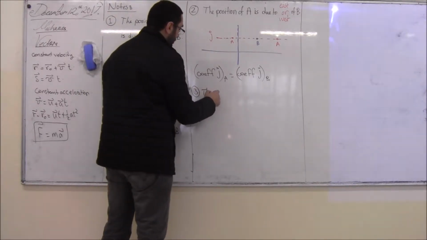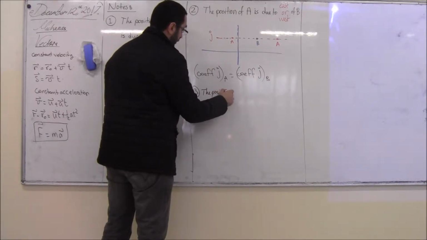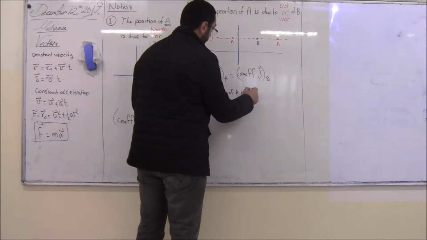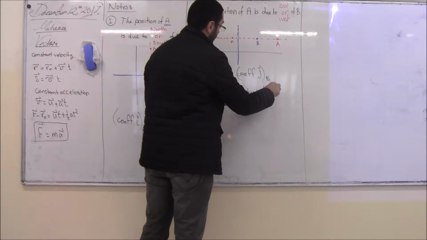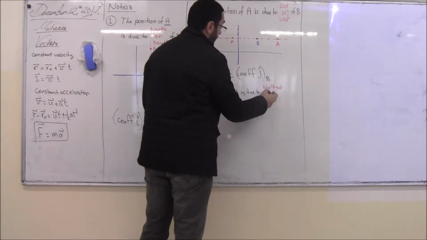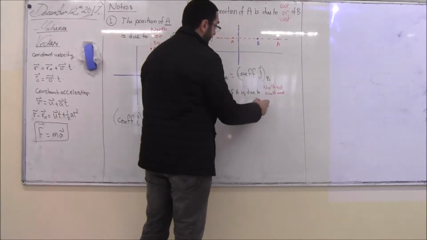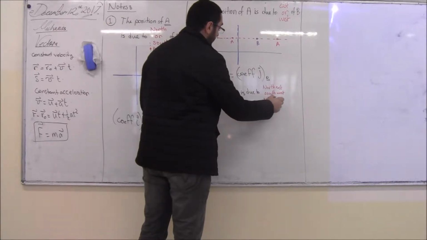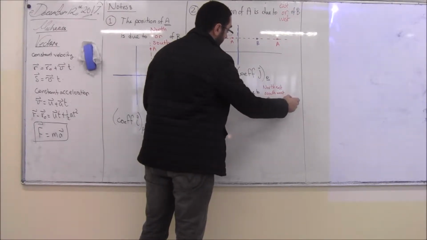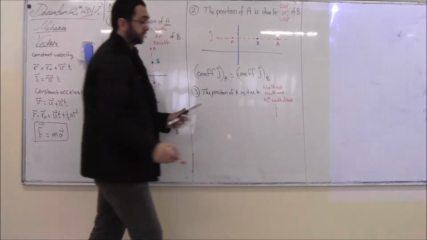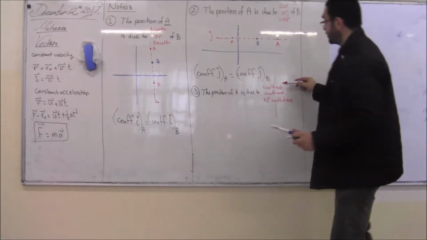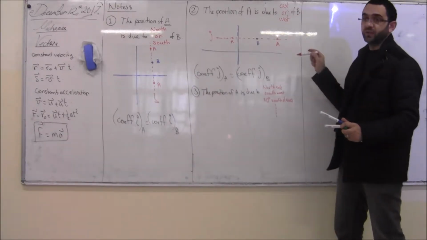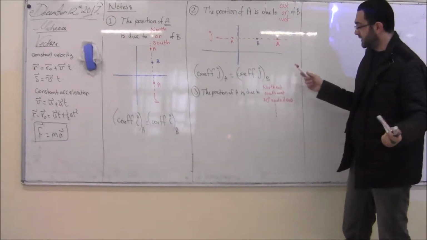When it's mentioned that the position of A is due northeast, southwest, or 30 degrees south of east, we have several ways to describe the directions between north and the vertical and horizontal, or the x-axis and y-axis.